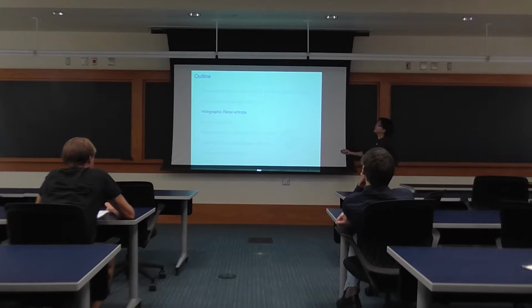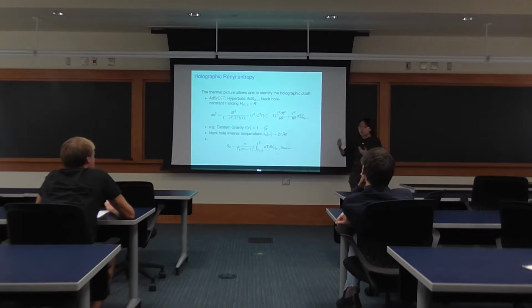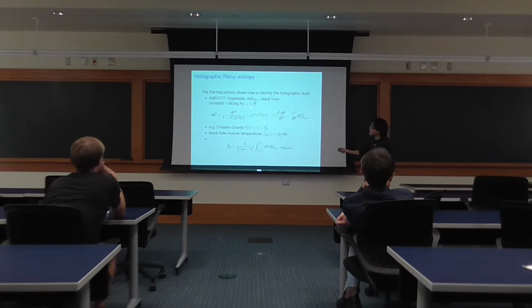To start with, it immediately gives us a way to compute Renyi entropy holographically. We didn't know how to obtain the gravity dual of this complicated replicated geometry. But now in the thermodynamic picture, we're just dealing with something at finite temperature in some AdS space.